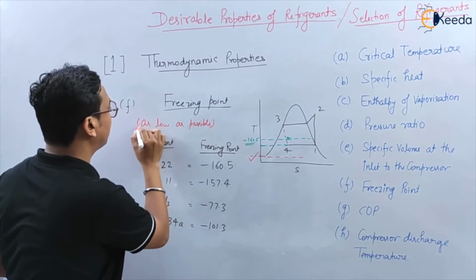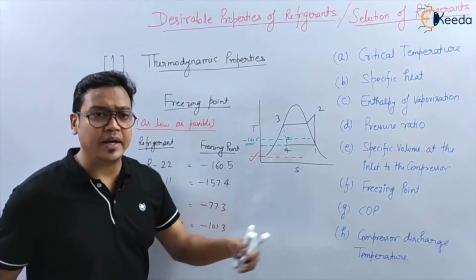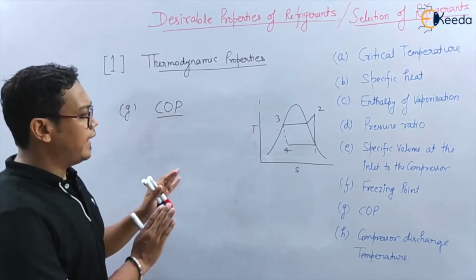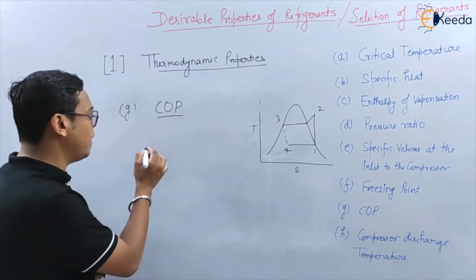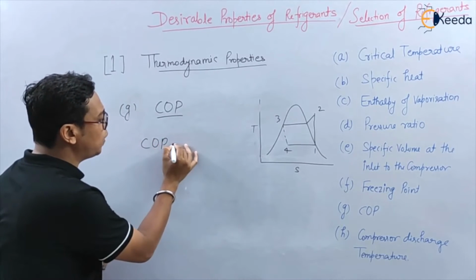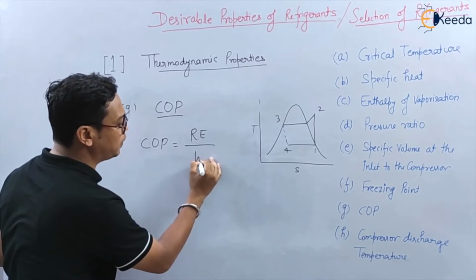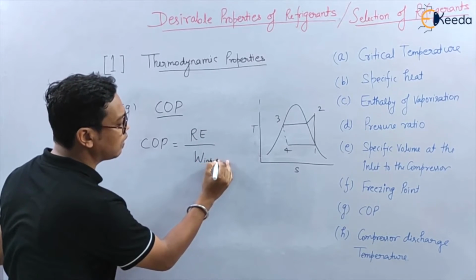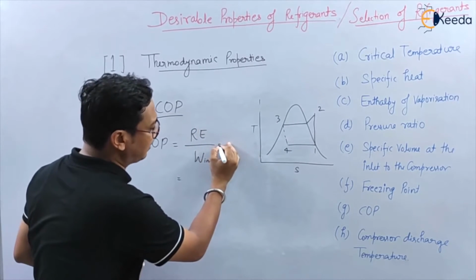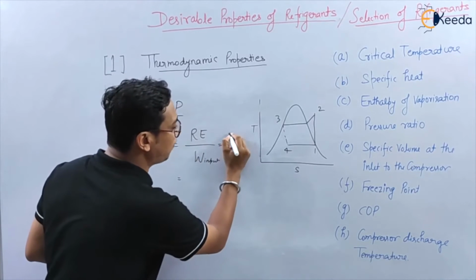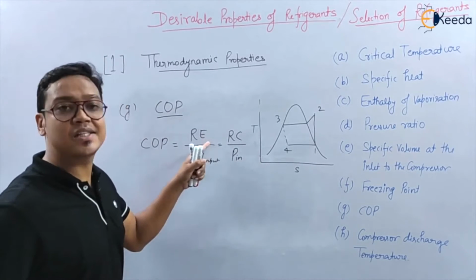Next property, COP, that means coefficient of performance. You know very well what COP is. COP is the ratio of refrigeration effect divided by power work input. If I convert COP into refrigeration capacity form, RC divided by power input, that means multiplied by mass flow rate.